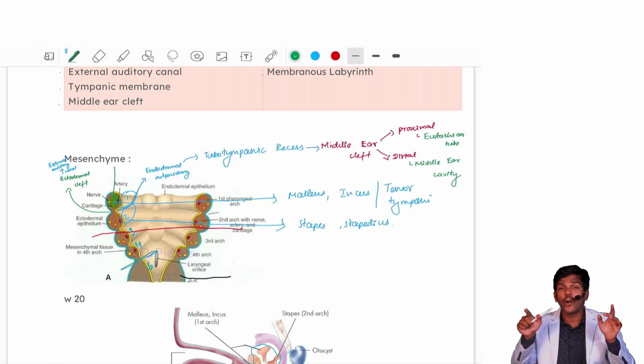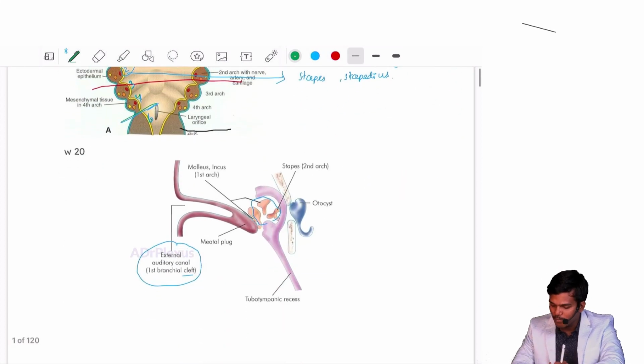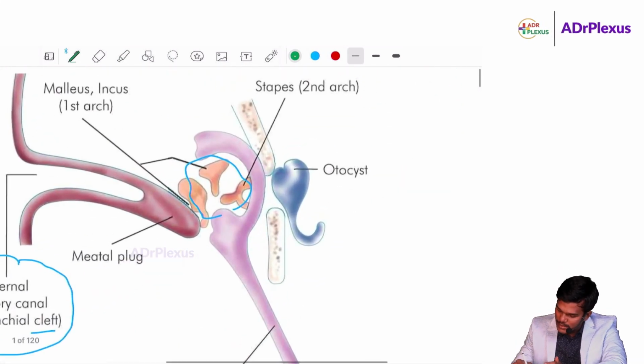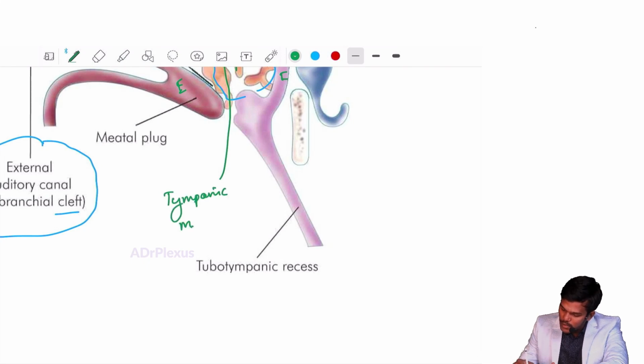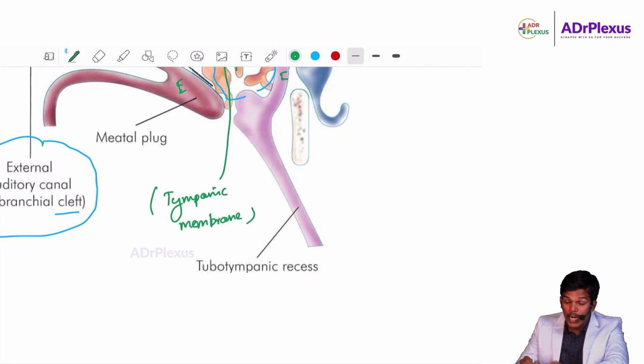The junction of all these layers will meet at a point that is called the tympanic membrane. See here, this is ectoderm, this is mesoderm, this is endoderm. All these three will meet at a point that will give rise to the tympanic membrane. So tympanic membrane has origin from all three layers.